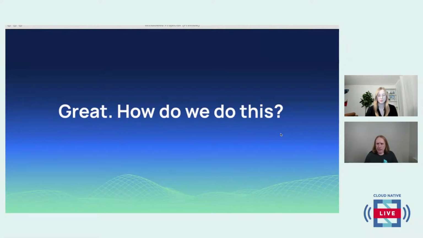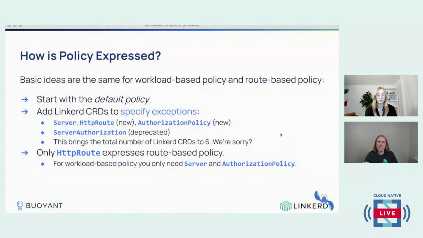So let's talk a little bit here about how we actually express policies. The basic idea in policy expression is the same whether you're talking about workload policy or route policy. There's a default that you start with, and then you use Linkerd CRDs to specify exceptions to the default.